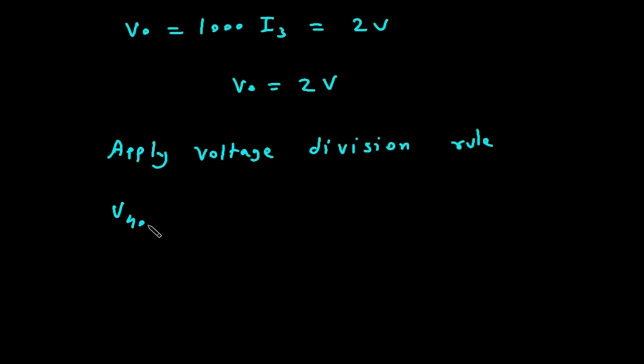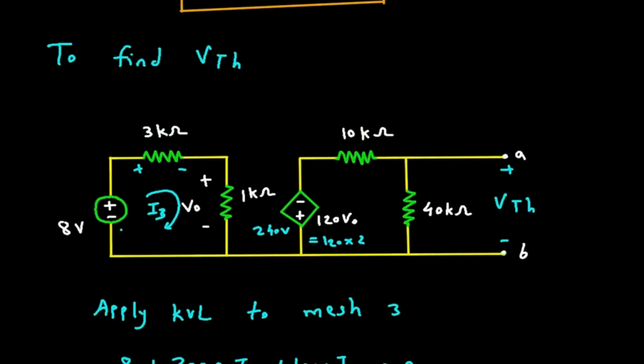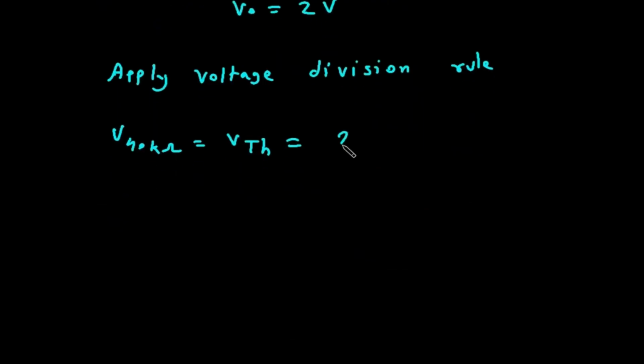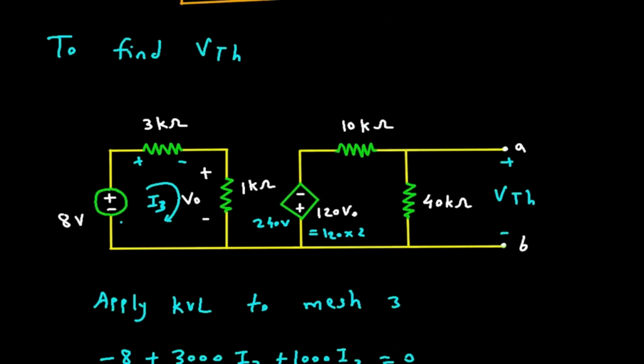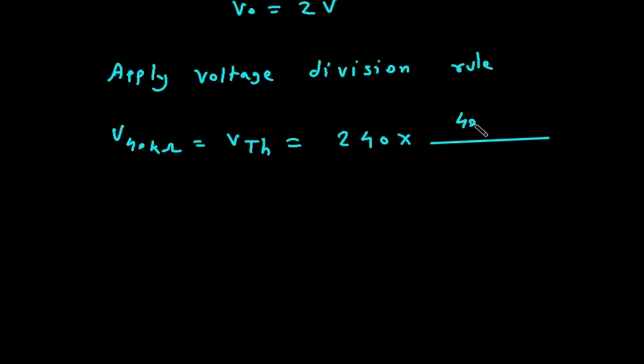V 40 kilo ohm is equal to VTH is equal to this voltage, which is 240 volt into this voltage, which is 40,000 divided by 40,000 plus 10,000.